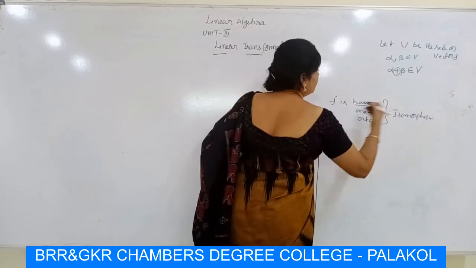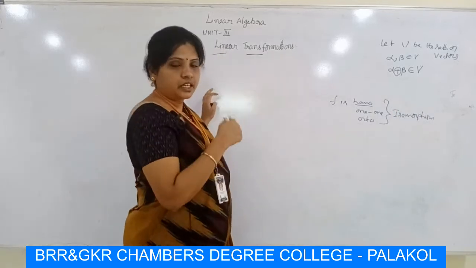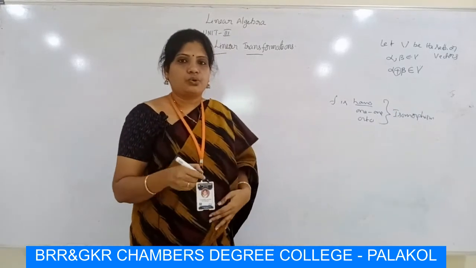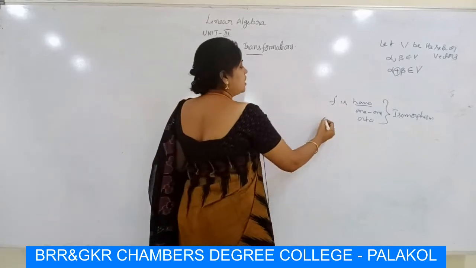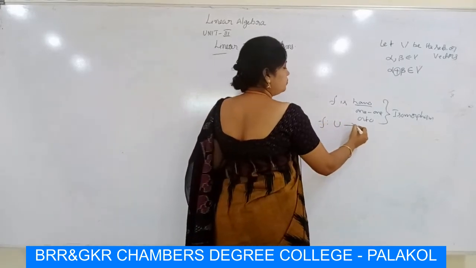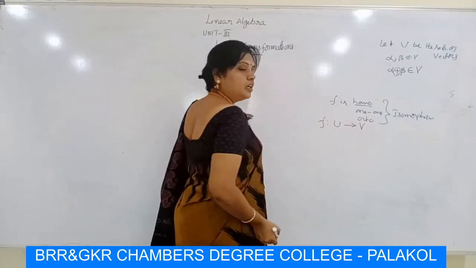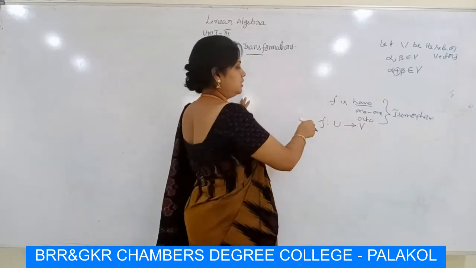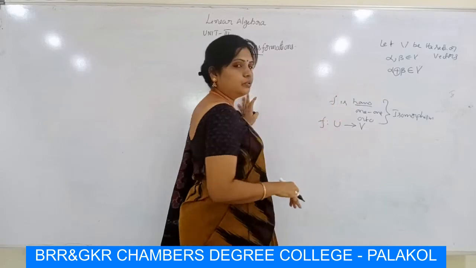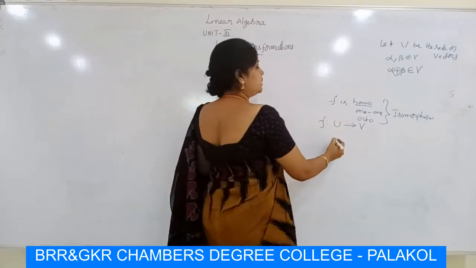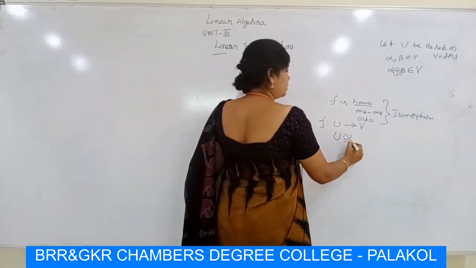So in vector space homomorphism, if f is a mapping from U to V that is one-one and onto, then f is called an isomorphism, and we can write that U is isomorphic to V.